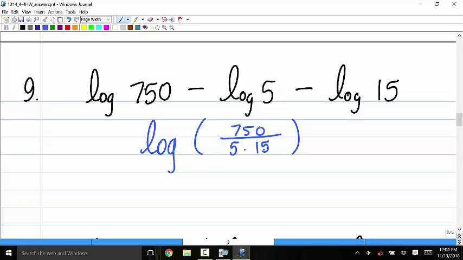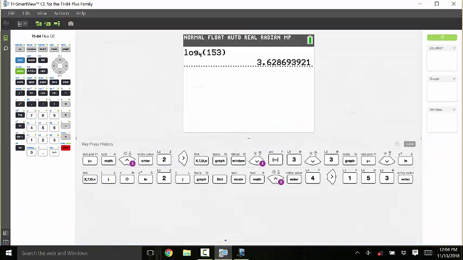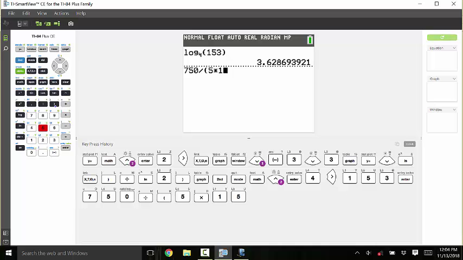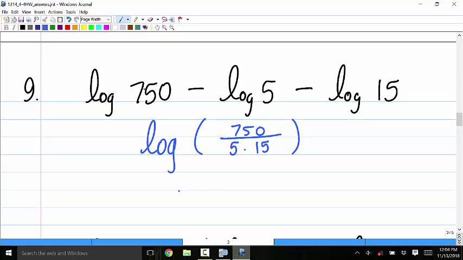And what is 750 divided by 5 times 15? 10? What is log 10? 1.